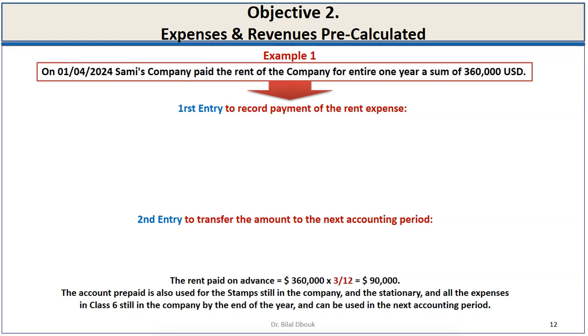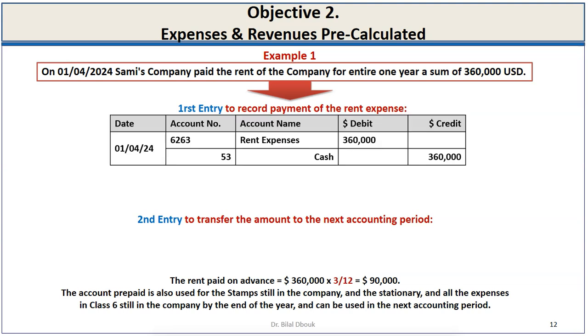On 1/4/2024, Sam's company paid the rent of the company for an entire 1 year, totaling $360,000. So here, the first entry to record the payment of this expense, we debit 6263 rent expense and we credit cash, because we paid the amount of the rent for 1 year.